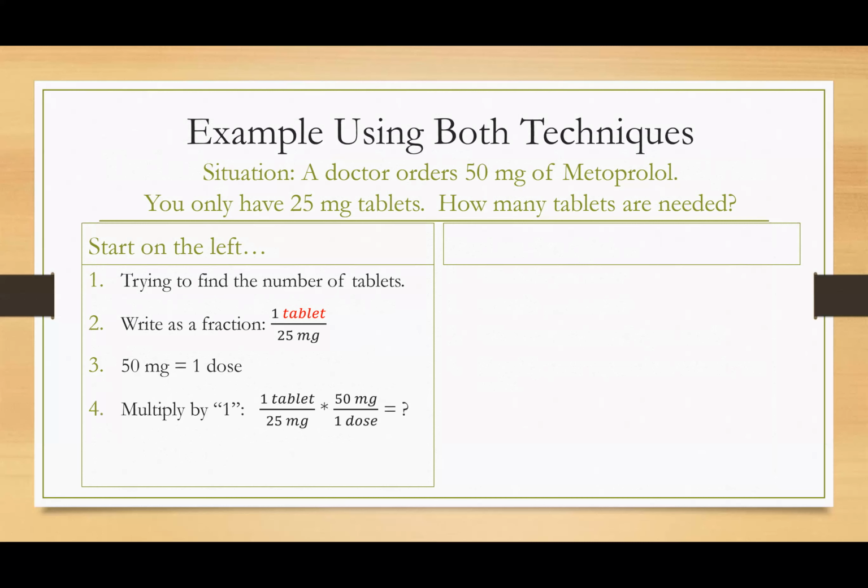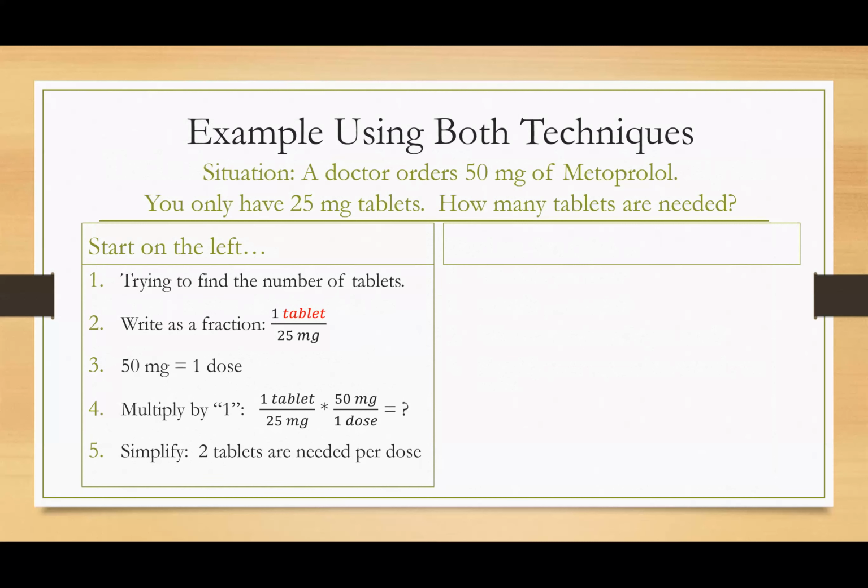So we have one tablet per 25 milligrams times 50 milligrams per one dose. Notice we have milligrams from the first fraction in the denominator, but milligrams in the second fraction in the numerator, which will then cancel, which means 50 divided by 25 tells us we need 2 tablets for this one dose.